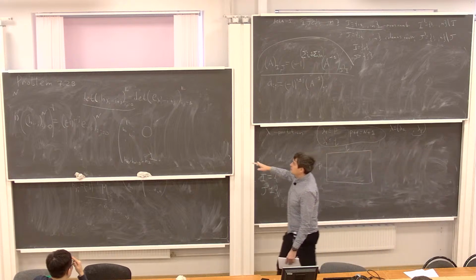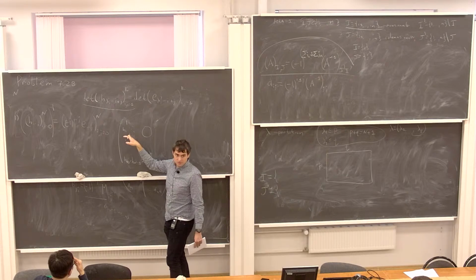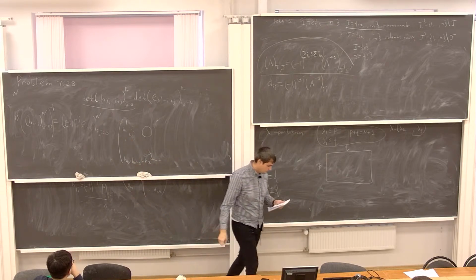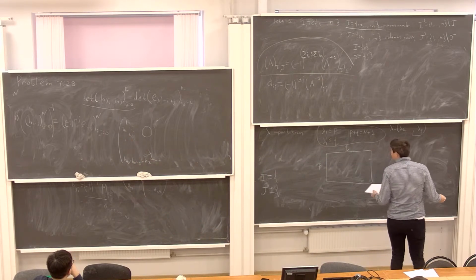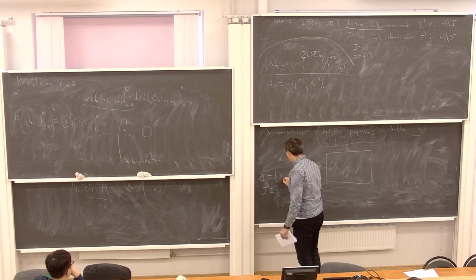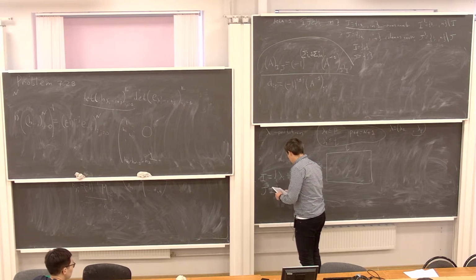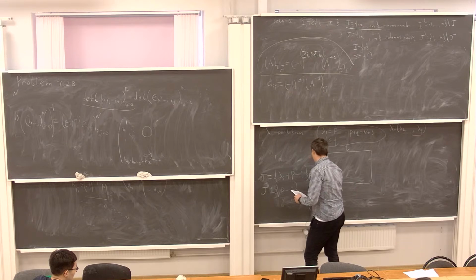Here, 0 means that you have exactly the same as in the original matrix. Let me write something. Let me say, consider i equal to lambda i plus p minus i. And here, j is p minus i, where i goes from 1 to p.